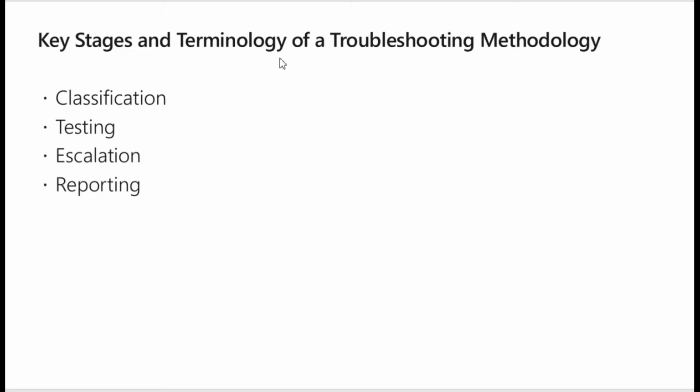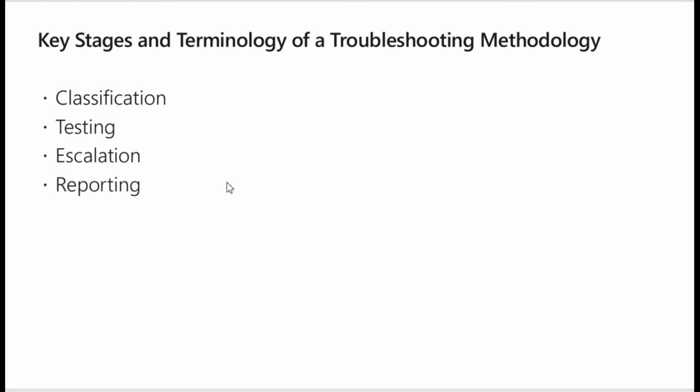Key stages and terminology of a troubleshooting methodology: classification, testing, escalation, and reporting. This is about how you troubleshoot Windows 10. You need to classify what kind of issue you're having. After that, you test, then you escalate and do reporting.